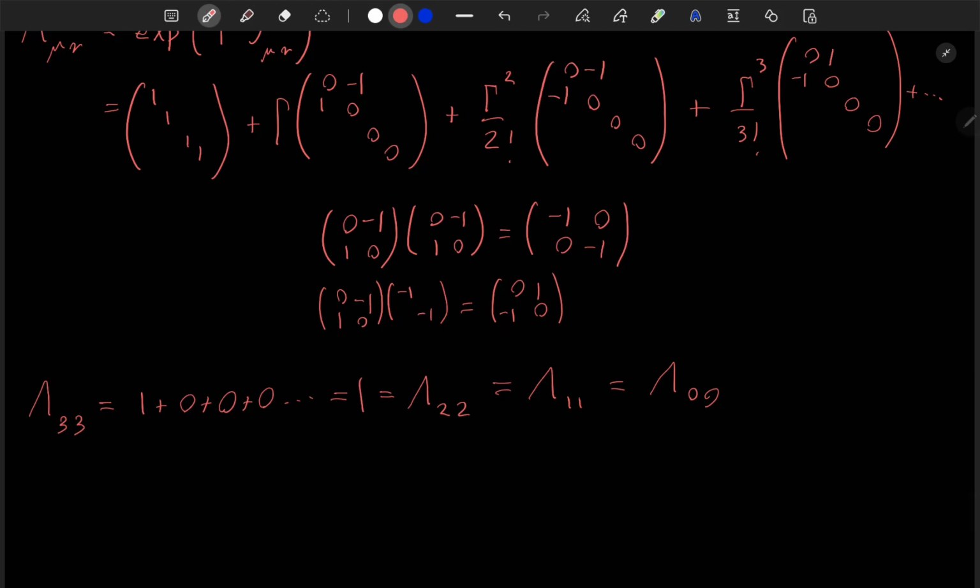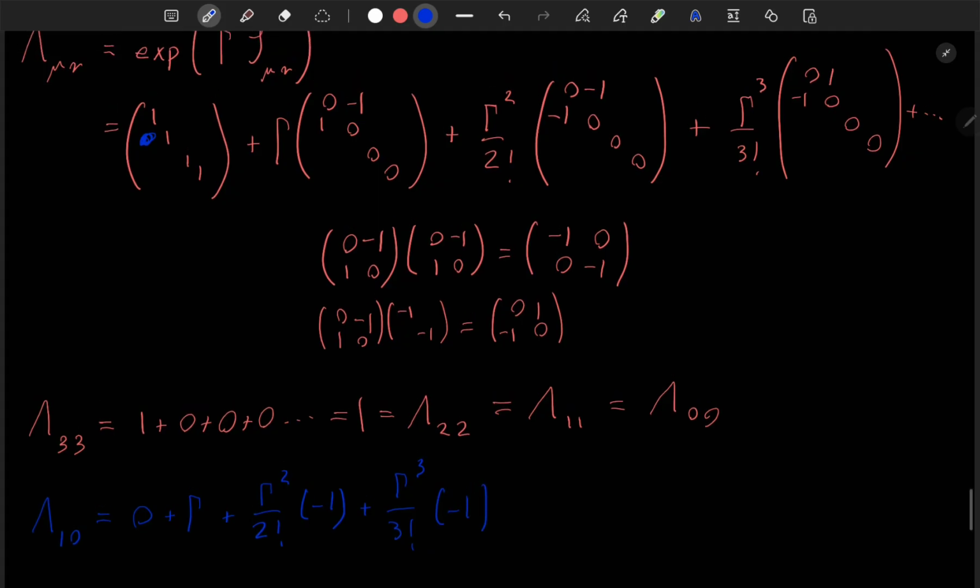Let's worry about the, what would it be? The 1, 0 component. That guy is going to look like 0 plus gamma plus gamma squared over 2 factorial times a negative 1, plus gamma cubed over 3 factorial, negative 1, plus gamma.